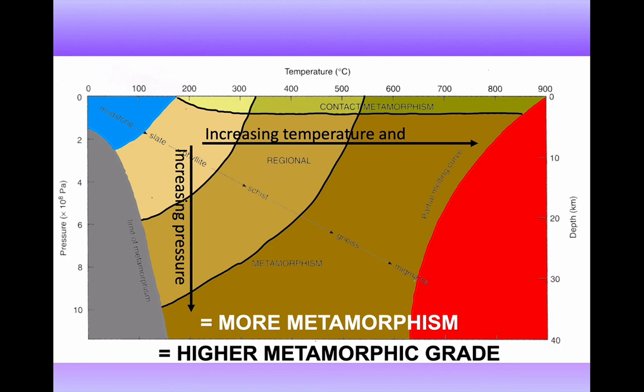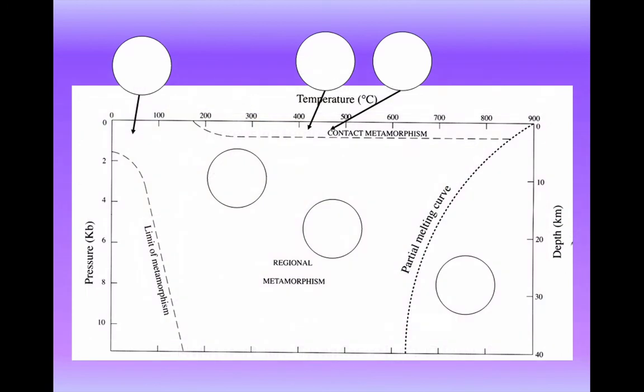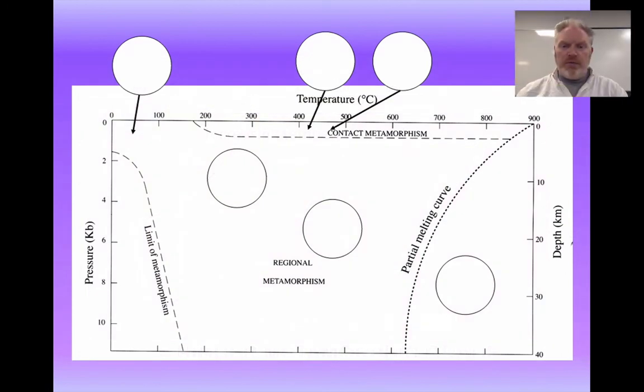Okay. What I'd like you to do now on your coloured in graph is in the circles that I've given you, I would like you to label up where you think you'd find each of the rocks that are listed in question 3b at the top of page 6.